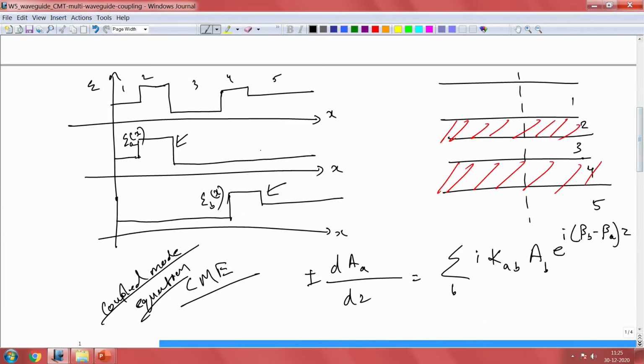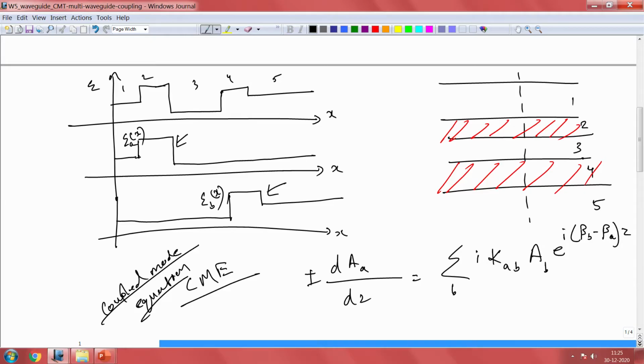The epsilon_A distribution and epsilon_B distribution are clearly two different systems and two different waveguides. The normal solution on A is E_A and H_A, and the normal solution on B is E_B and H_B, but they are normal solutions on the isolated waveguides.